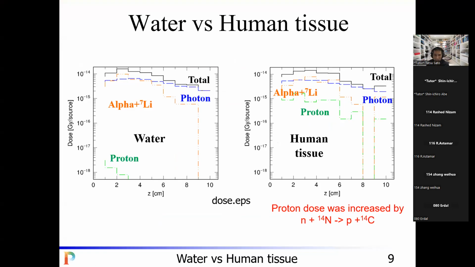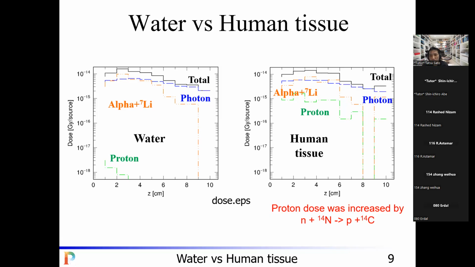So anyway, what we expect to get is these two data. This one is for water, and this one is for human tissues. And the biggest difference is the proton dose, because in the human tissue, there is nitrogen 14.